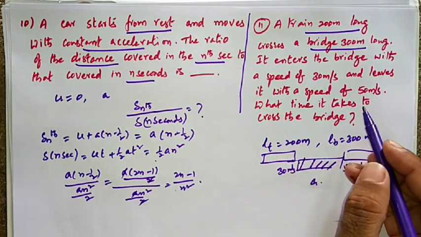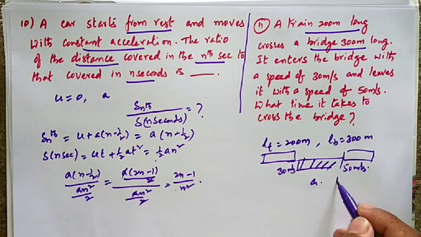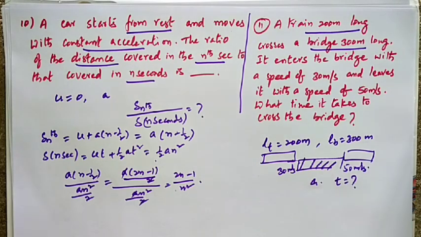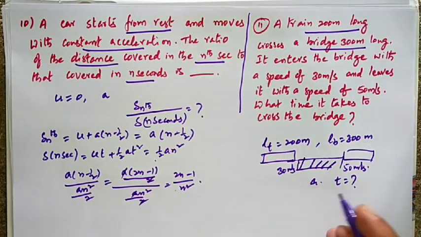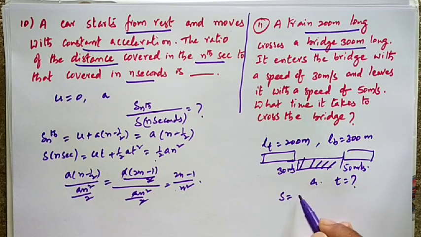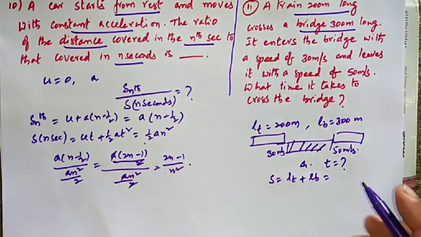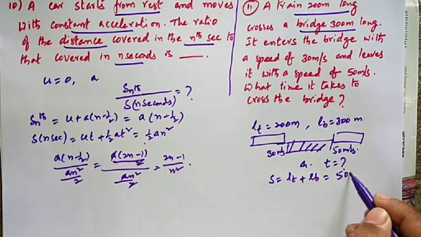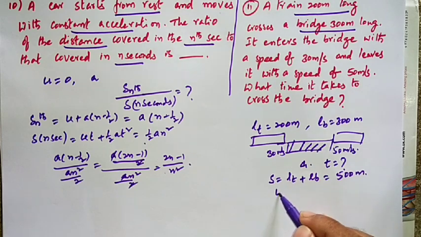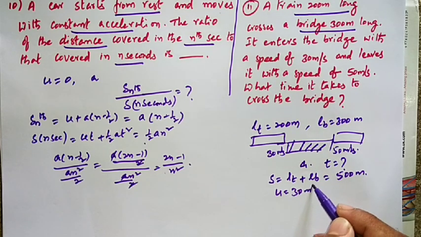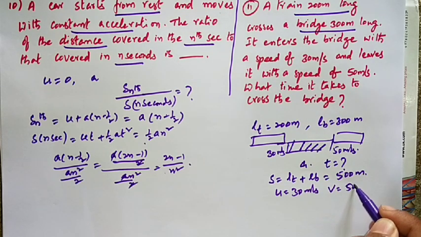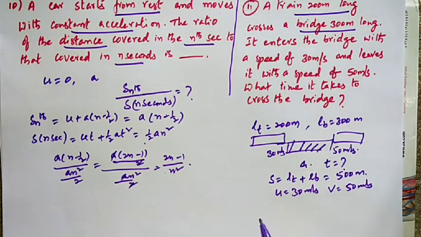Yes. Now what you need to calculate? How much time it takes to cross the bridge. Very good. Here what is the total distance it has traveled? Length of the train plus length of the bridge. Already I said when the length of the train is given, you should consider that also. Then 500 meters. Now this is the initial velocity and this is the final velocity, 50 meters per second. You need to calculate time. Which formula should we use?